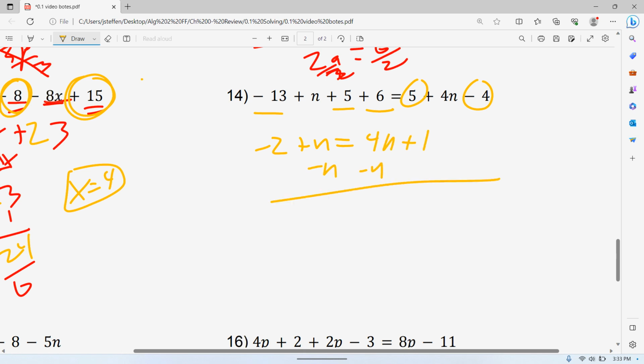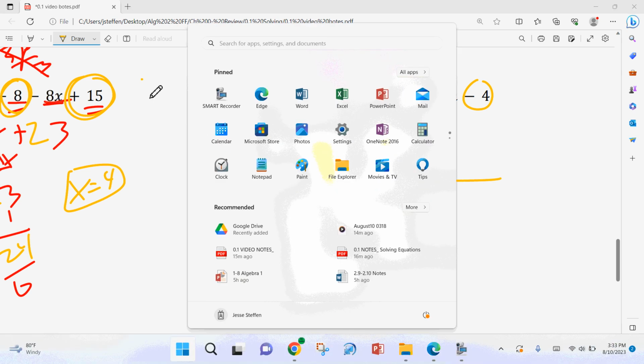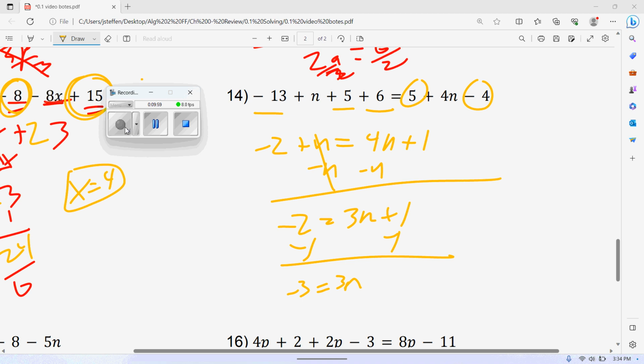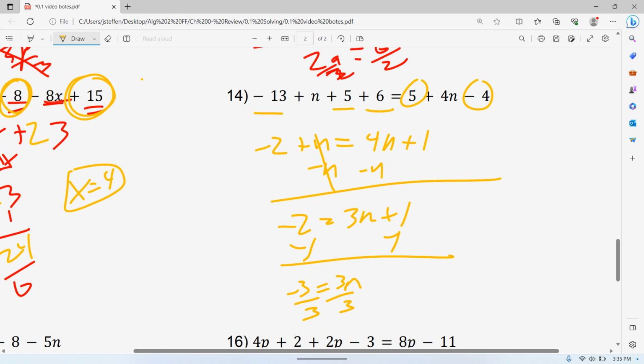Subtract n from both sides. Sorry about that. Divide both sides by 3. We end up with negative 1 is equal to n, or n is equal to negative 1. Doesn't actually matter what order you go in.